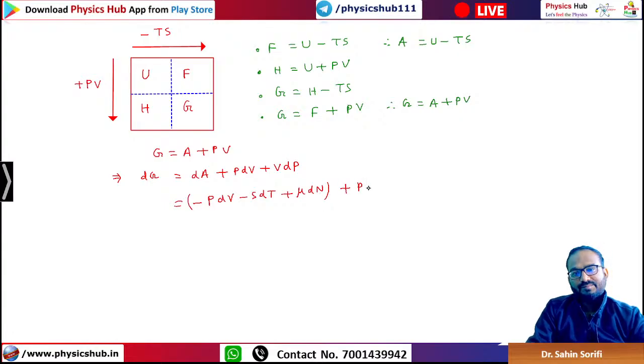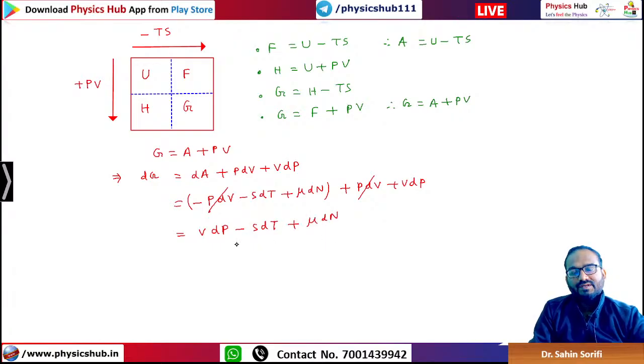Now the PdV gets cancelled, and you are left with VdP minus SdT plus mu dN. From this we get the molar volume formula, del G upon del P at constant T, and S because of the minus sign, minus del G upon del T at constant P.